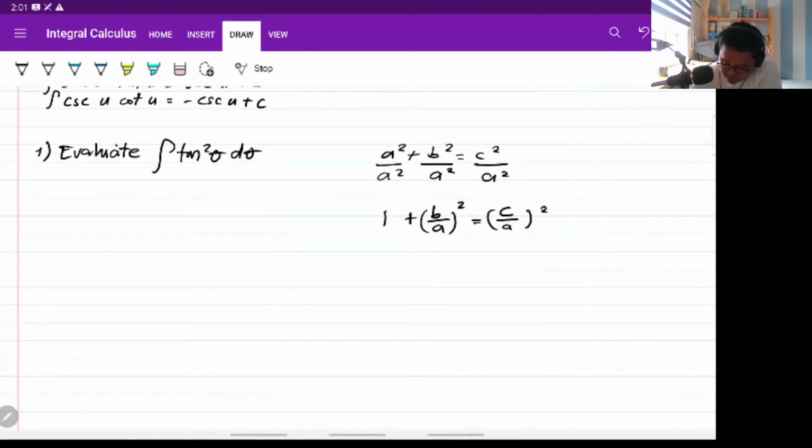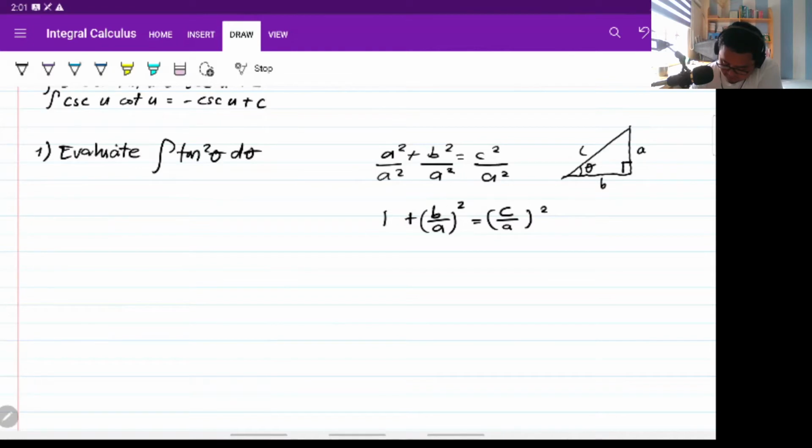Okay, but we have here a right triangle. So this represents A, B, and C, and this is our theta. Okay.